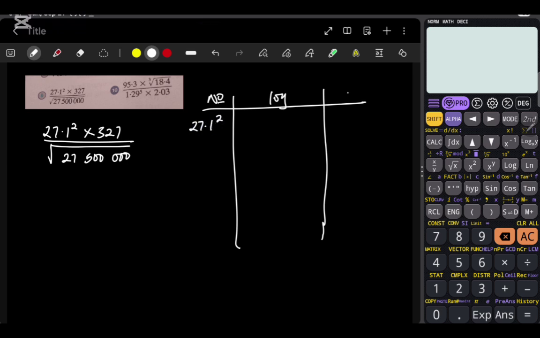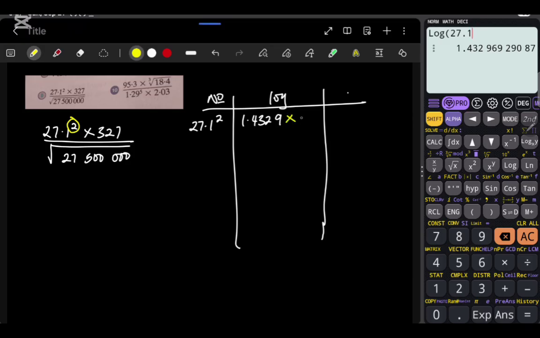I could just use a calculator to do log 27.1, and that gives me 1.4329. I'm going to take the first four numbers. Then in this question we have 27.1 squared.